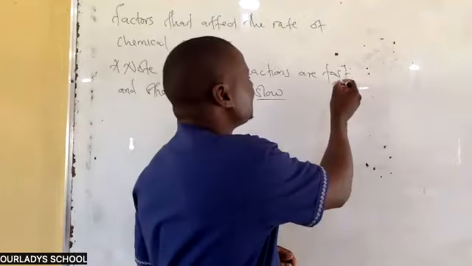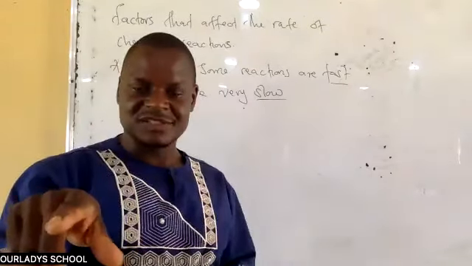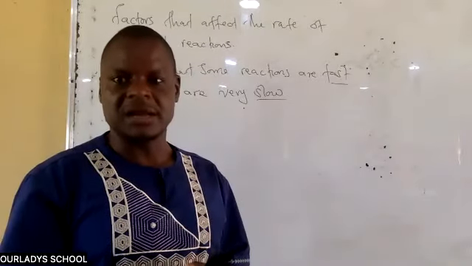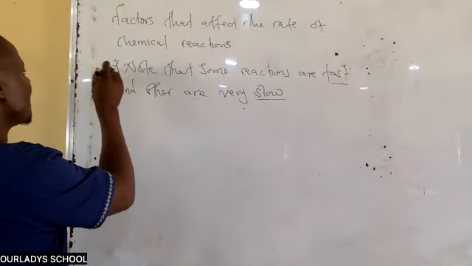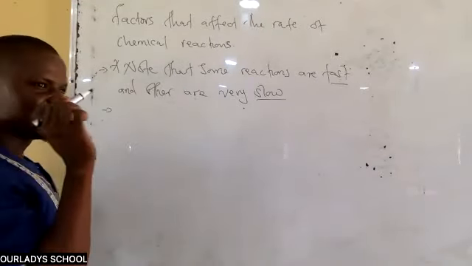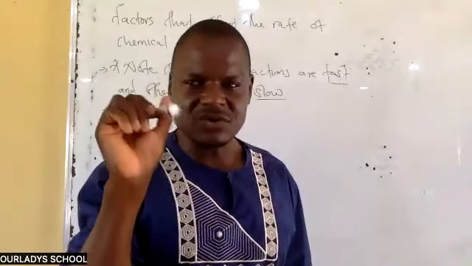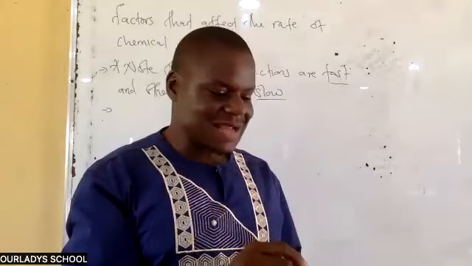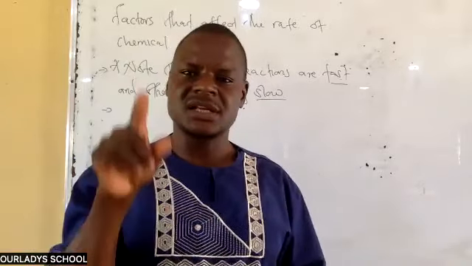And to those that are very fast, there should be something that we can do to them so that they take longer for the reaction to be done. That's the first point. Second point is that the reaction that takes less amount of time is one that is very fast. And the reaction that takes longer to be completed is very slow.